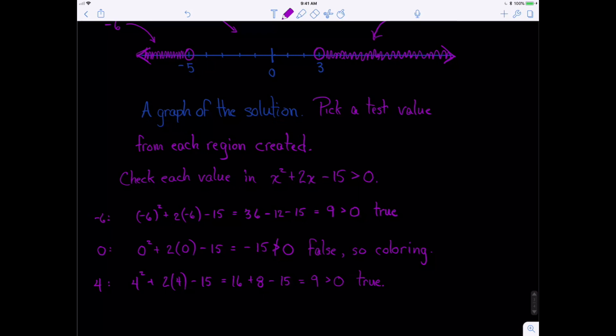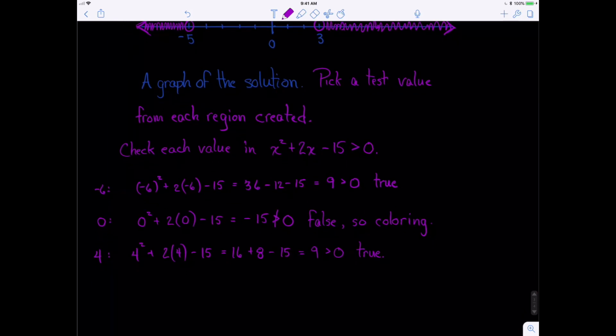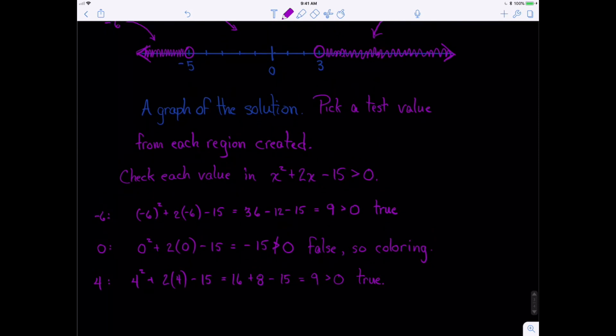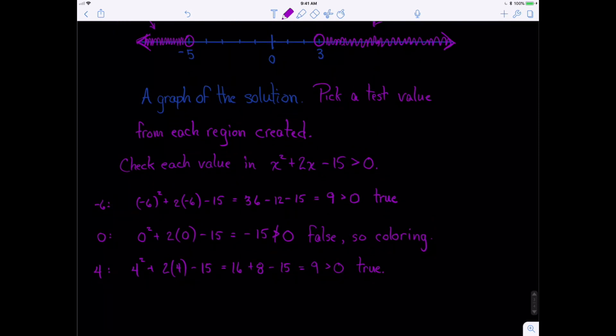So what we've done right now is we've presented a visual picture. We call this a graph of the solution. The other way to illustrate the solution is using what we call interval notation. And what we do is for negative infinity, which is out here, positive infinity, we always do it like this.